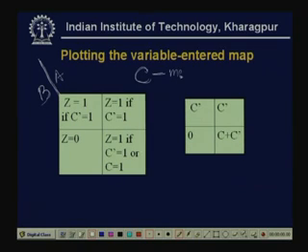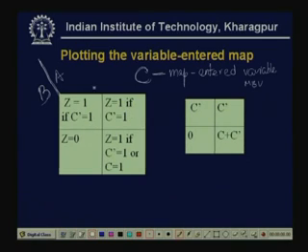I am telling this is map entered variable, MEV. So, this is the position that Z equal to 1 or output will be 1 if A dash, B dash, C dash, that means the first term.